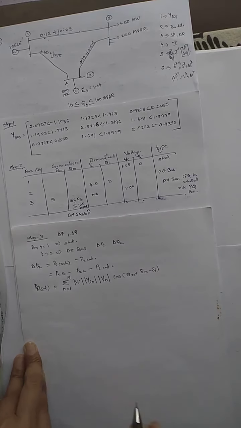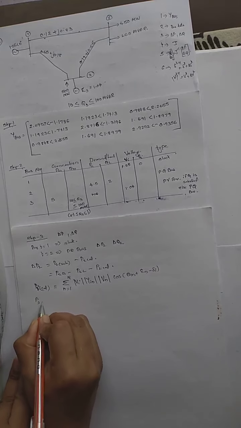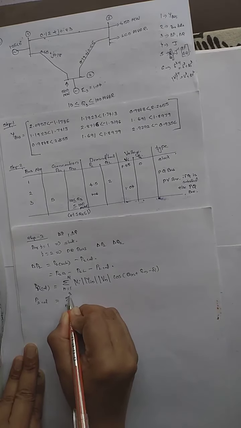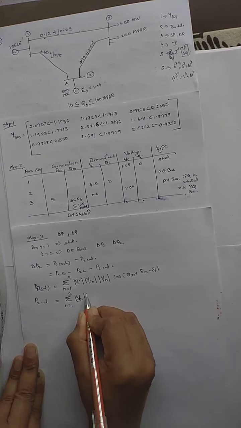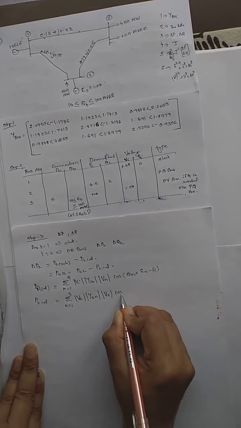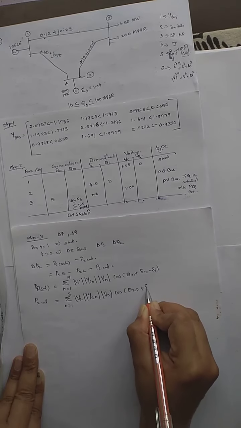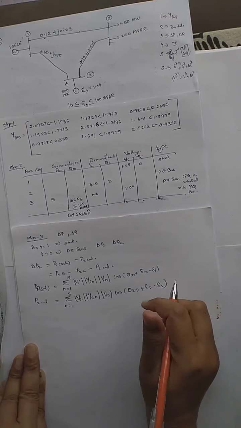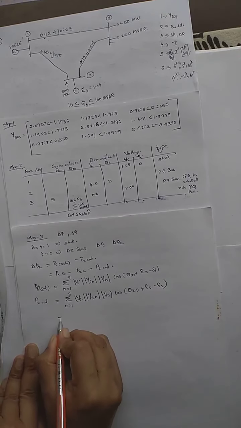So I am writing my P2 calculated: P2 calculated value will be sigma n equal to 1 to 3, V2 y2n Vn cos of theta 2n plus delta n minus delta 2. I am rewriting it neatly because we want this value again.